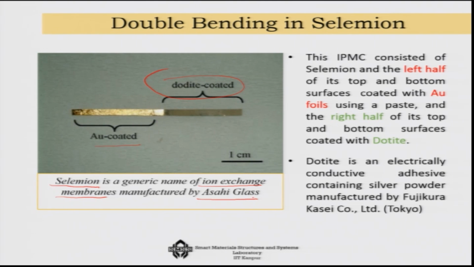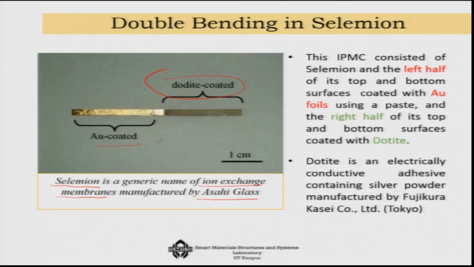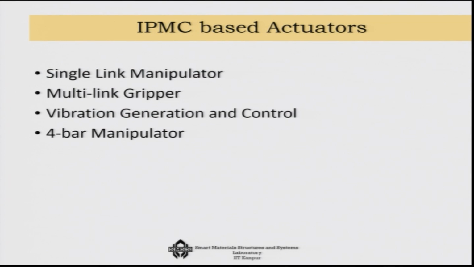It is very popular. So, you apply gold electrode on one side and rhodite on the other side, and what you are going to get is actually a bidirectional bending, exactly what I have shown you in this case. So, with the material Selemion you can achieve this. Okay. This is one of the strategies of double bending in Selemion.